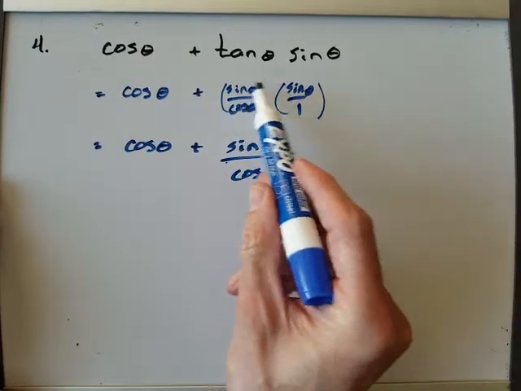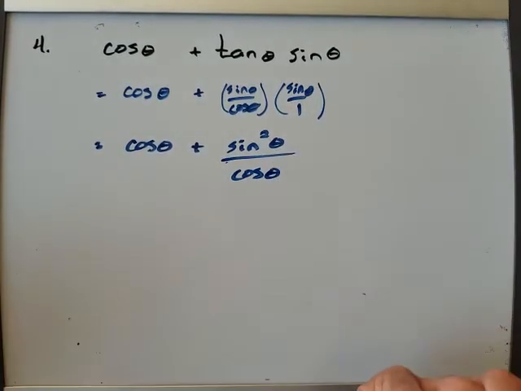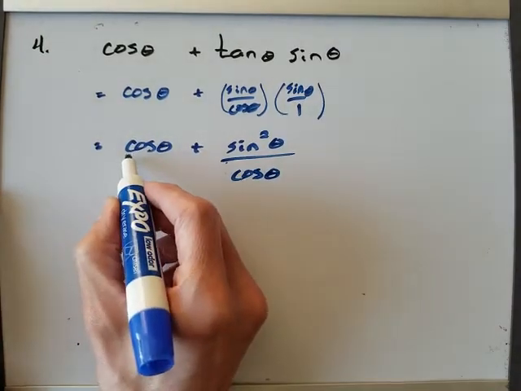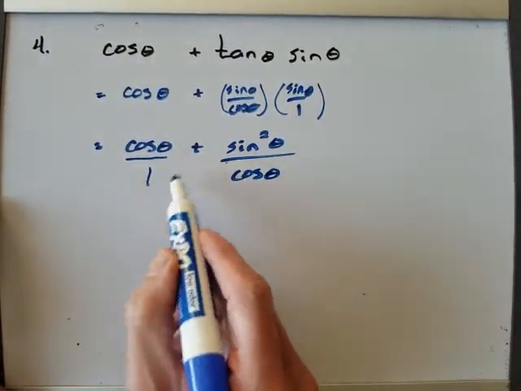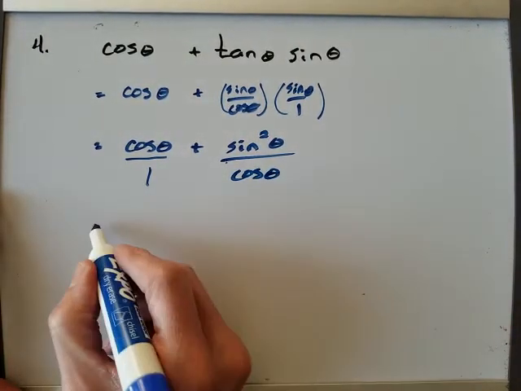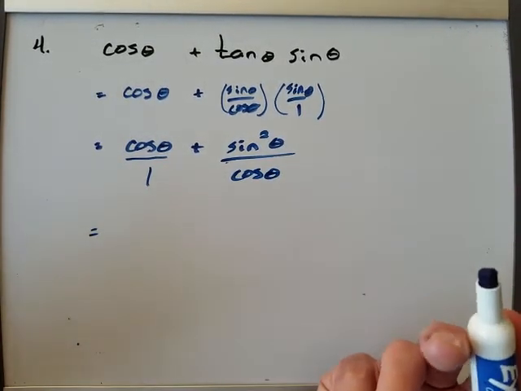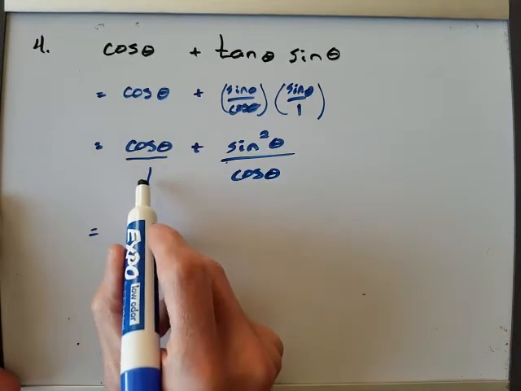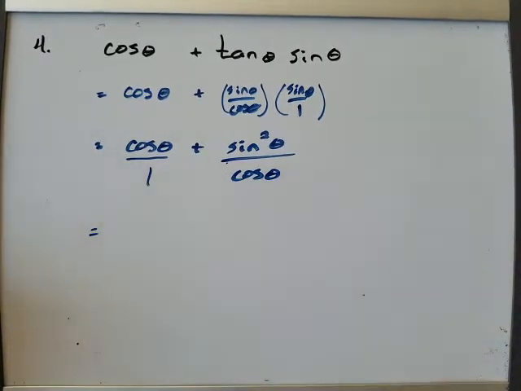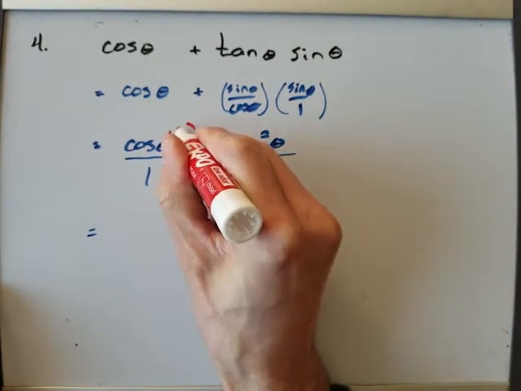So I just simply multiplied this out. Sine times sine is sine squared, and then a cosine times 1. Now we're looking at this and saying, okay, now what do we do? Here's your hint. We are adding two fractions. You have to be asking yourself, well, how, all the way back in elementary school, do you add two fractions? You get a common denominator. If you look at this, you've never done a common denominator with trig before, but you just follow your rules. The common denominator is cosine. So what you could actually do is multiply this fraction, top and bottom, by cosine theta.